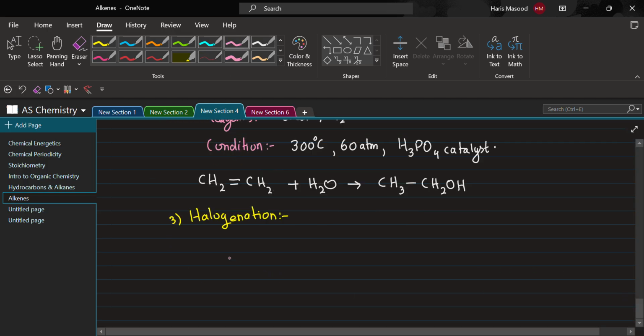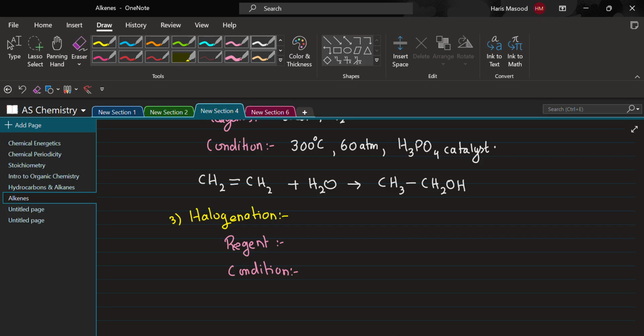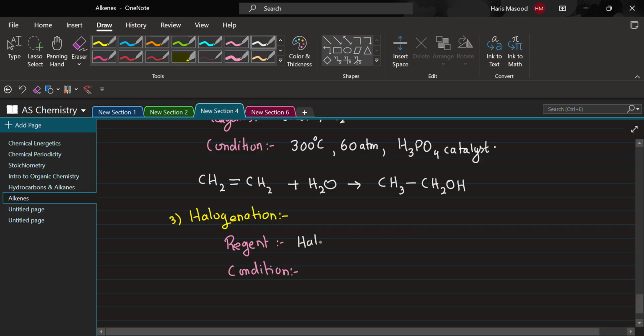For that you again have reagents and conditions. Reagent will be a halogen, group 17 elements. X I just wrote in general.